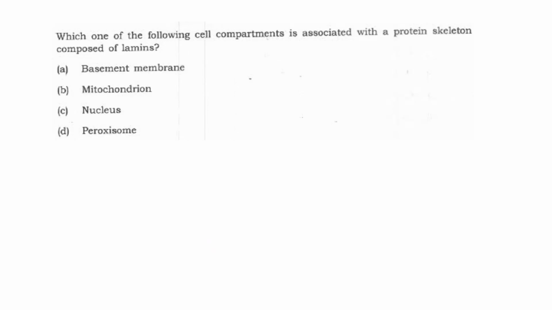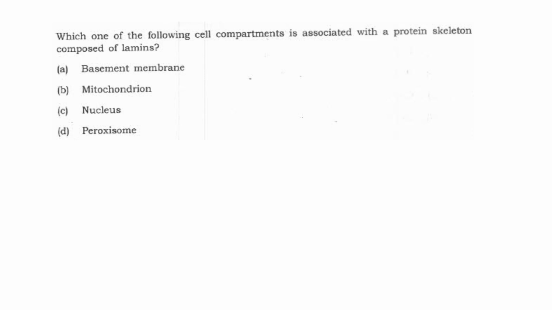Which one of the following cell compartments is associated with a protein skeleton composed of lamins? Lamins are also known as nuclear lamins. These are fibrous proteins which provide structural function and transcriptional regulation in the cell nucleus.